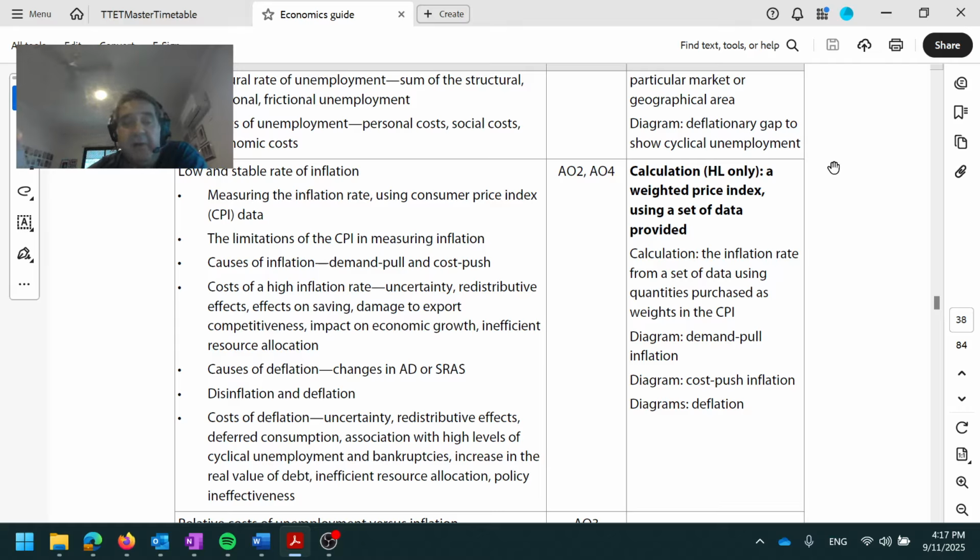Measure the inflation rate using CPI. The limitations of CPI in measuring inflation, again, that was on the May 25 paper. Whether that's on paper 1 or paper 3 for you guys, know what some of the dramas are in measuring CPI. Remember, it's a typical basket of commodities which may not represent particular people.